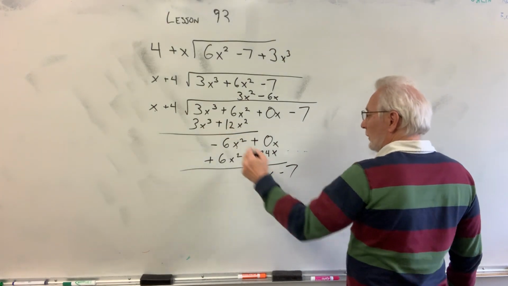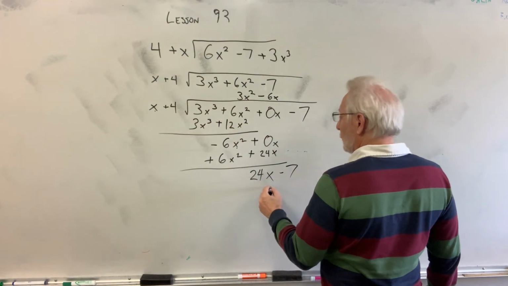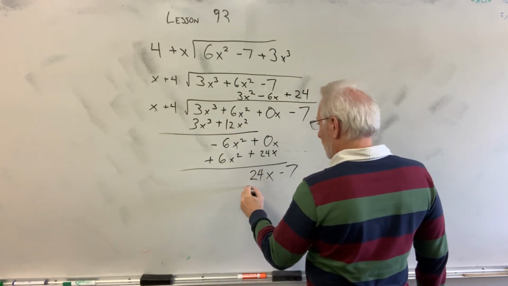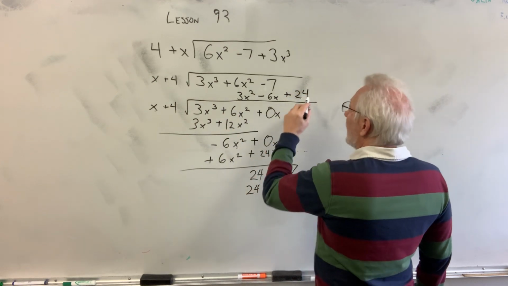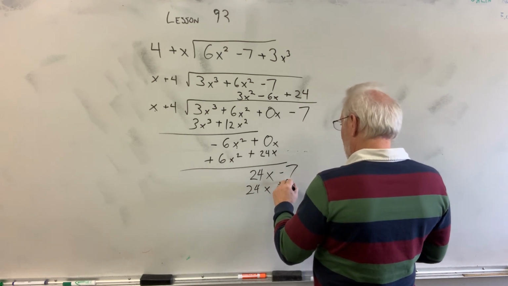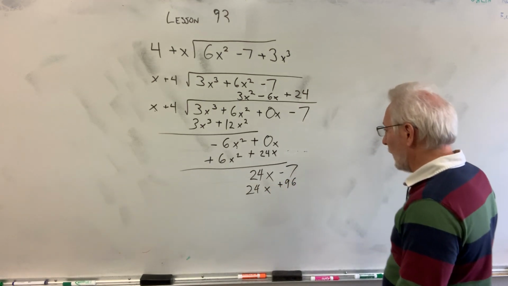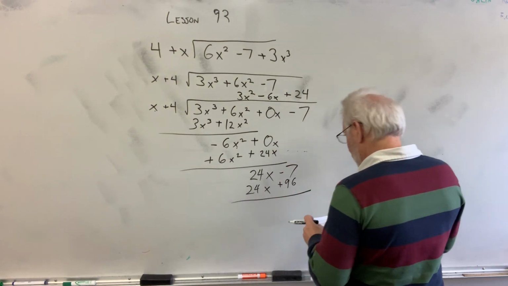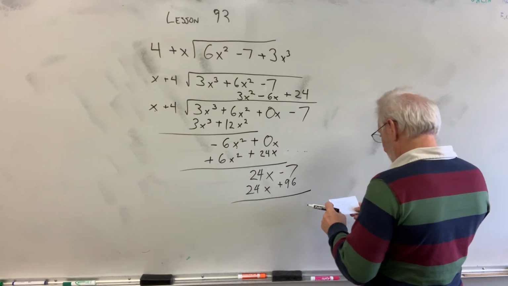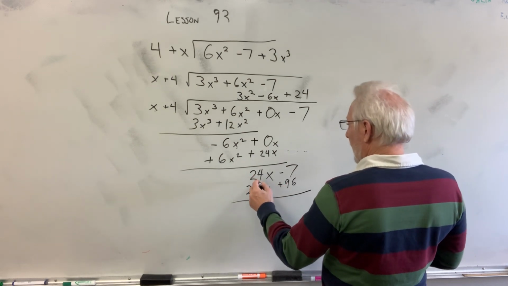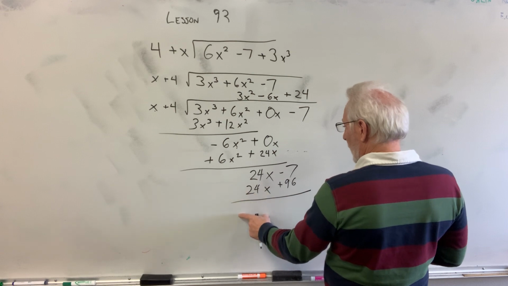Okay, what times x is going to give me 24x? That's going to be positive 24. 24 times x. Now, 24 times 4, that's a big number. 96. Are you guys doing that quickly? All right. So, we get 24x minus 24x is 0.